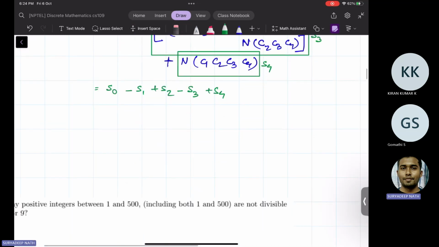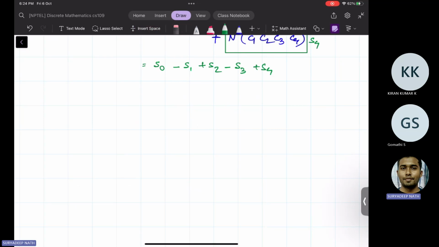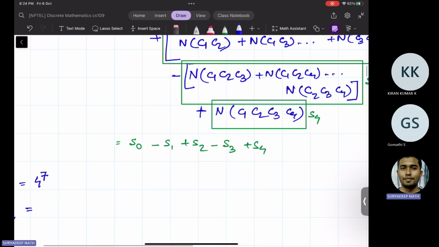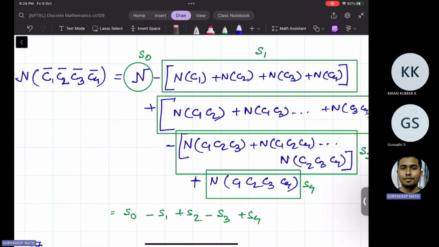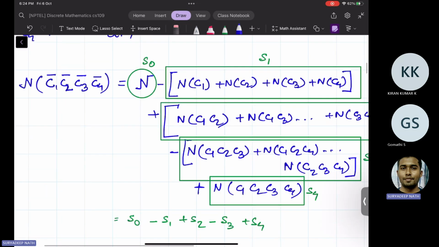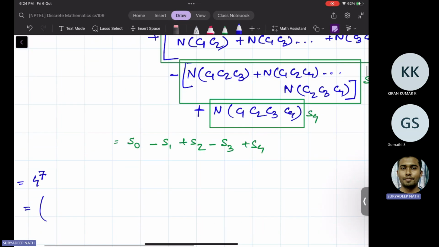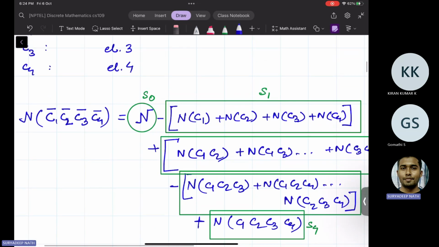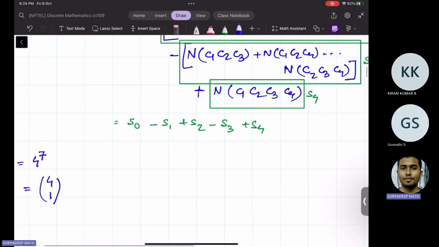Now to compute all of them, S0 is basically 4 to the power 7. S1 is the sum of nC1, nC2, and so on. So we are selecting one element out of four elements. We can do that in 4 choose 1 ways, and the nC1, nC2, nC3, nC4 will all be the same.